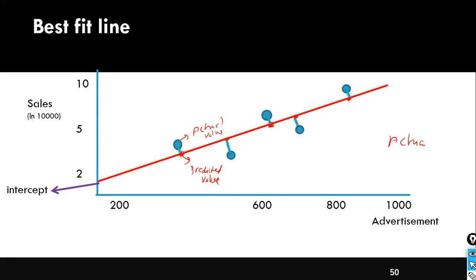This is very important, remember this: actual minus predicted is called your error. Some people call it residual. Forget about residual, let's talk about error. The distance between actual and predicted is called your error.